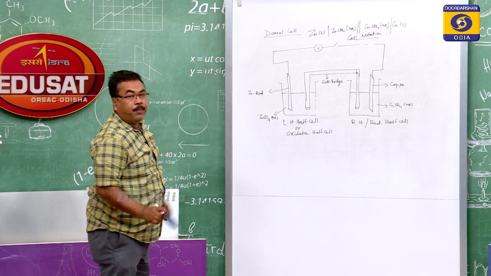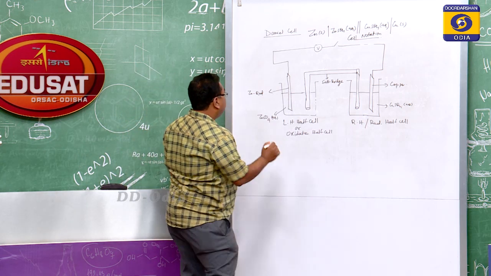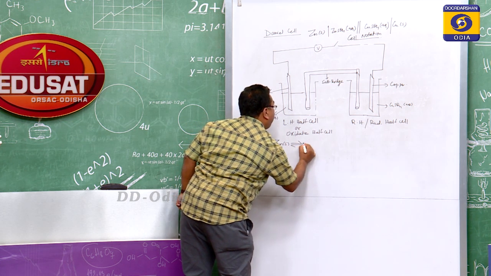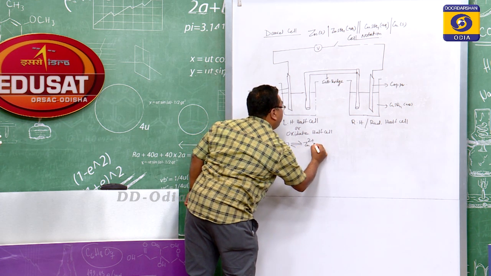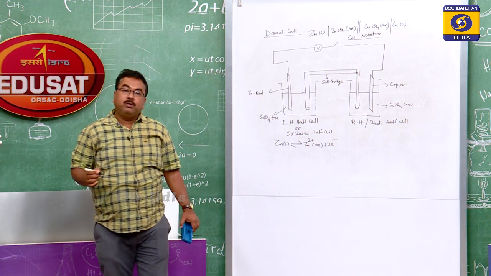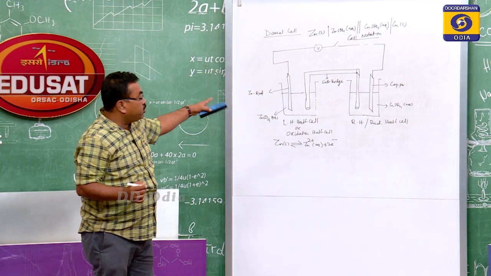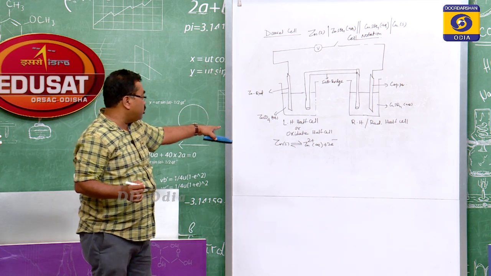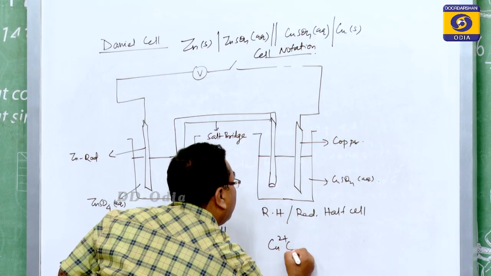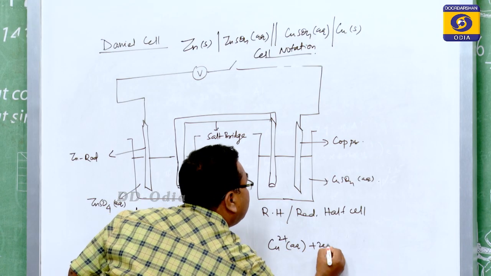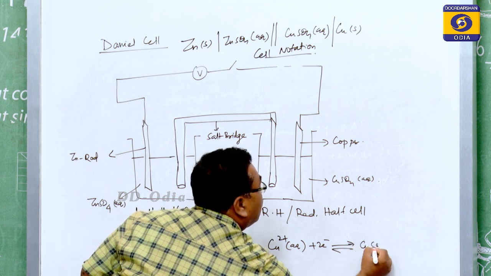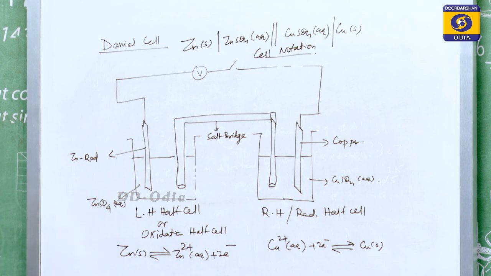So, when the key is made on, what happens? Zinc starts to decay. This is very important. Zinc starts to decay, that means zinc goes into the solution as ions, and at the same time copper 2 plus in the solution receive these electrons and get deposited on this copper strip.